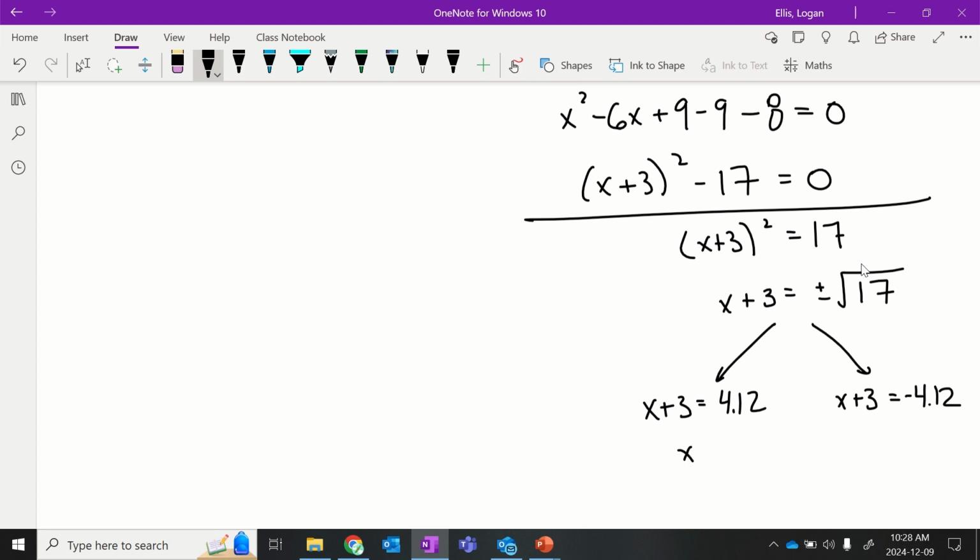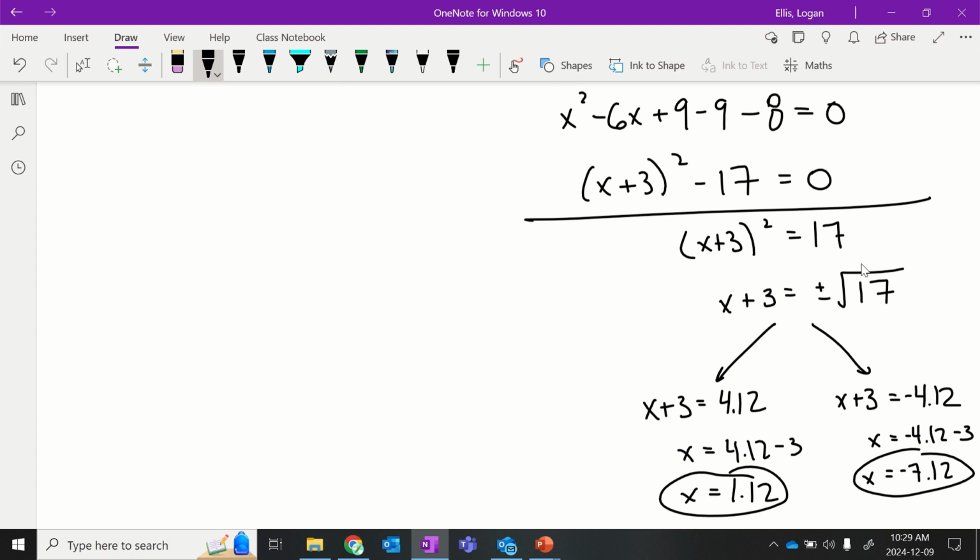So move the 3 across, 4.12 minus 3. Your first answer is 1.12. I think, right? No, actually, maybe that's not right. Oh yeah, 1.12. I don't know why I second guess myself. And then this one is x equals negative 4.12 minus 3, which is negative 7.12.